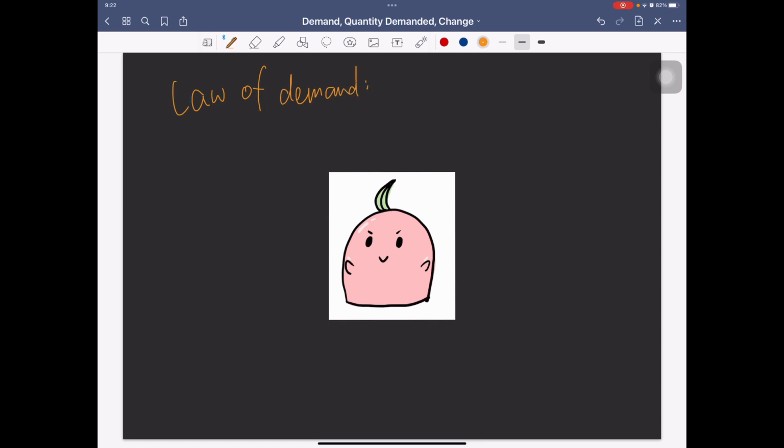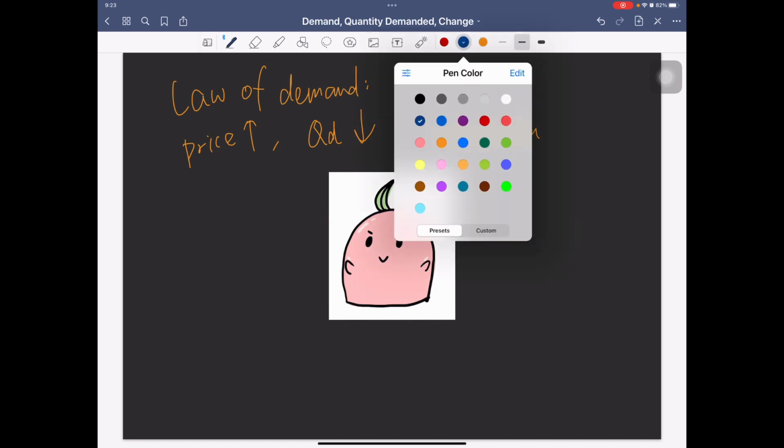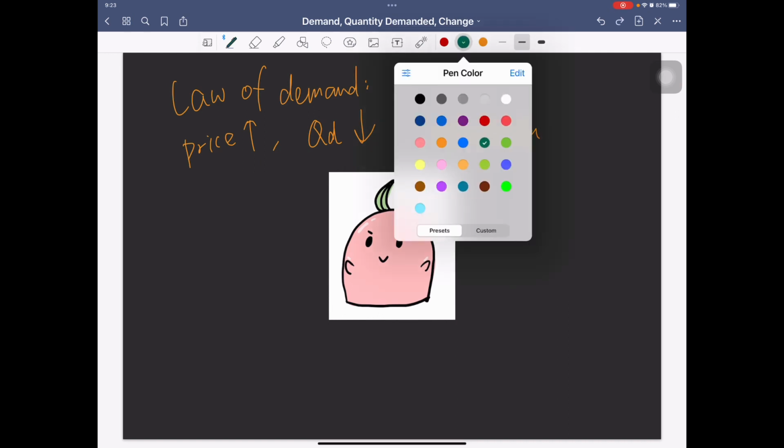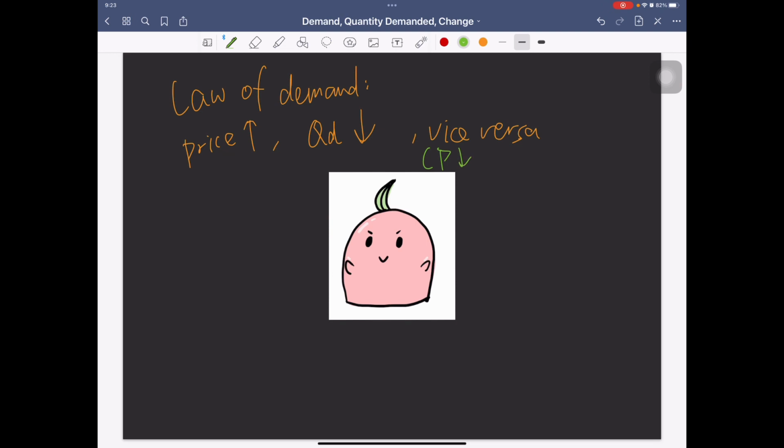It means that when the price of a good increases, the quantity demanded of that good will decrease. Vice versa, when the price decreases, the quantity demanded will increase.